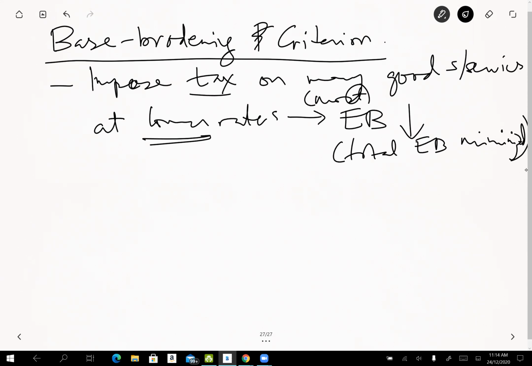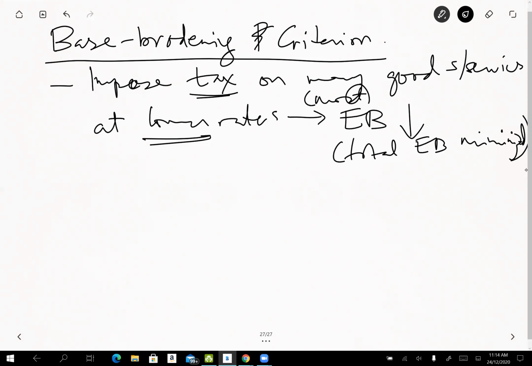So instead of taxing, if you look at the efficiency criteria, the first one is the elasticity rule, the Ramsey rule. The elasticity rule: you tax the goods that are more inelastic higher than the goods with higher elasticity.